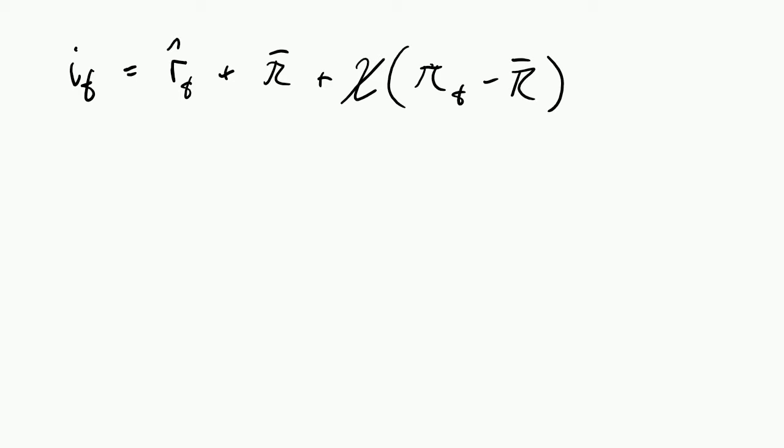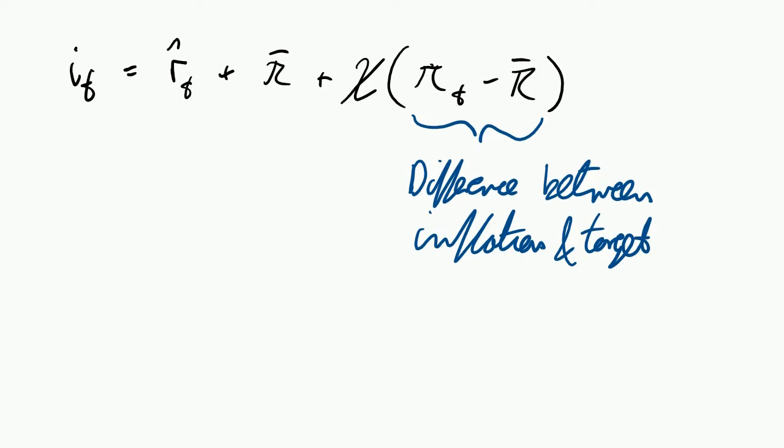So this expression here is the short run difference between the current rate of inflation and the target. Chi measures the sensitivity of the central bank to this difference. So the larger chi is, the more off-target inflation will result in a change in interest rates.